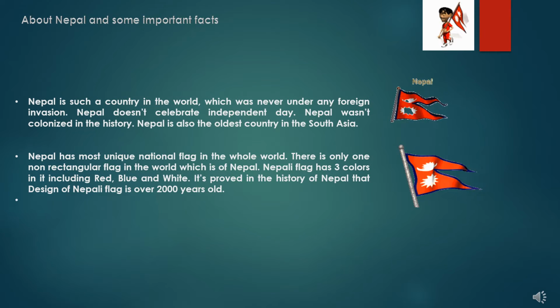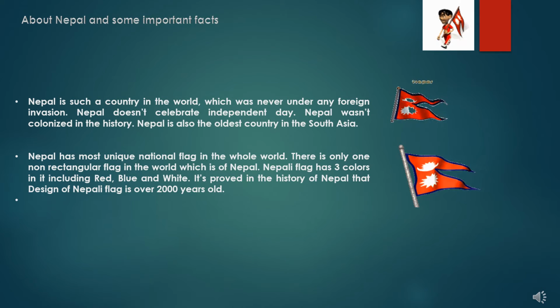Nepal is such a country in the world which was never under any foreign invasion. Nepal doesn't celebrate its own Independence Day. Nepal wasn't colonized in history. Nepal is also the oldest country in South Asia. Nepal has the most unique national flag in the whole world.